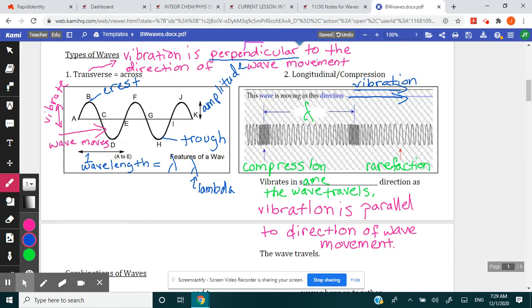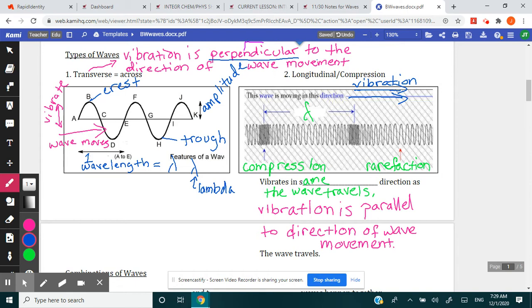And you can watch the video that you just saw again to make sure that you see and understand what that looks like. Okay, so you need to know the different parts of the longitudinal and compression waves.